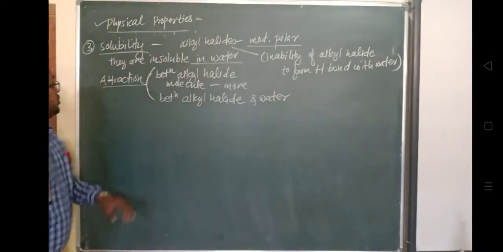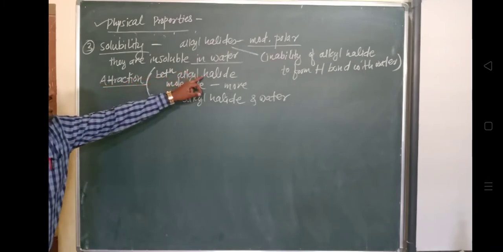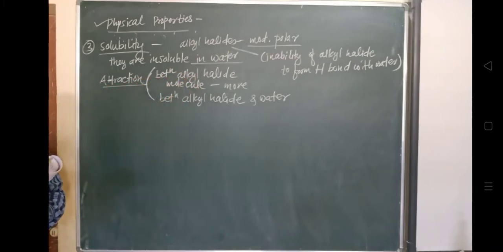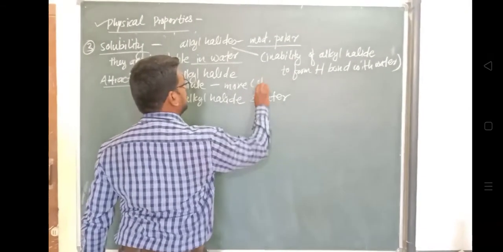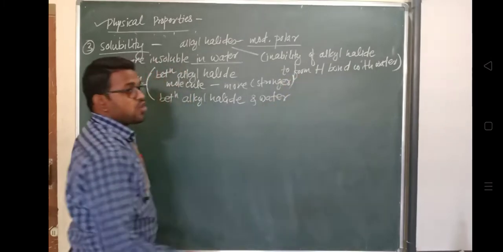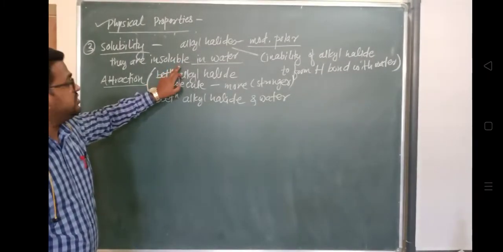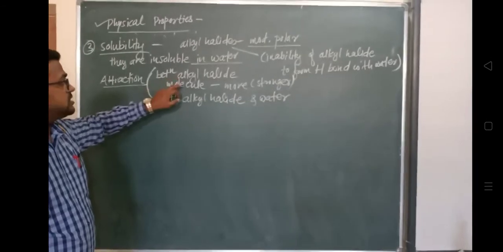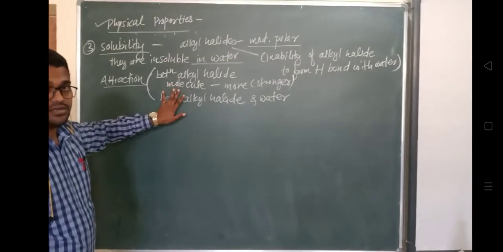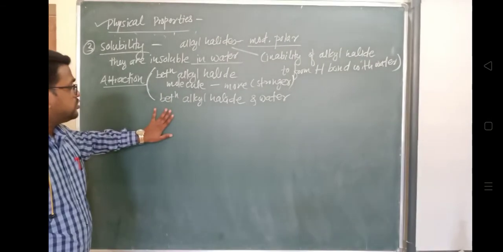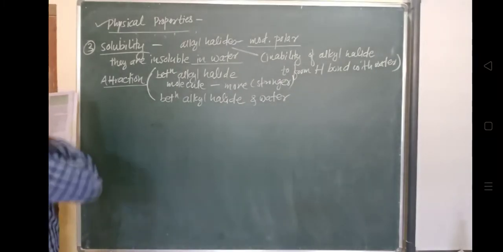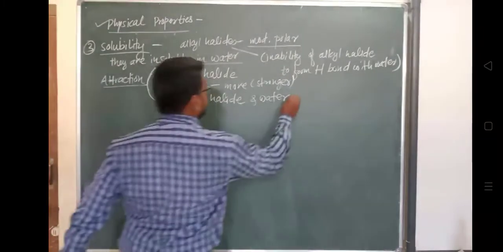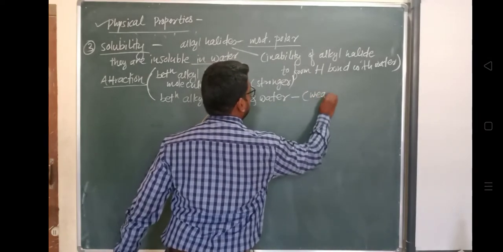So look at this once again. The attraction between alkyl halide molecules is stronger, and as it is stronger, these molecules will not get separated, as compared to the attraction between alkyl halide and water, which is very less, very weak.